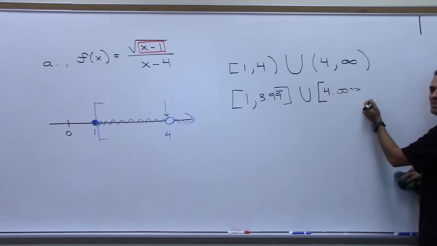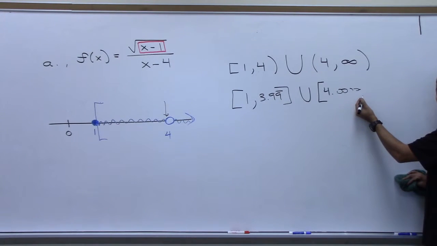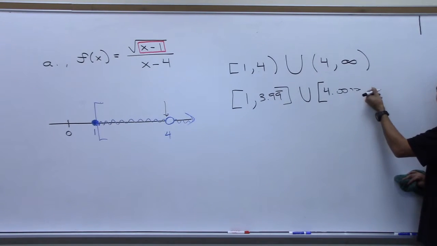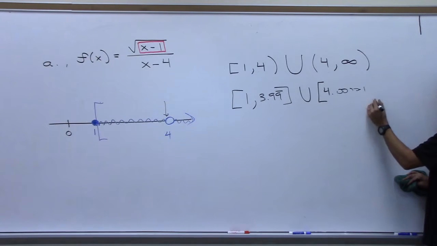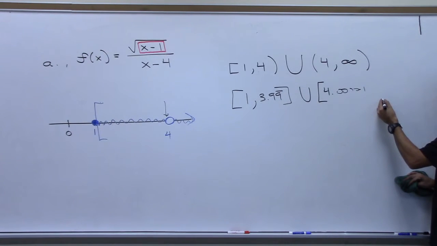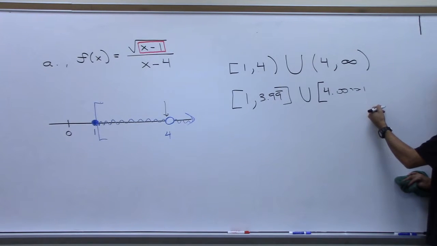Hold on, isn't that just 4? Oh, you mean there's a 1 at the end somewhere? But if you put a 1 at the end, I can find one smaller than that, can I? If you ever stop that, I'm going to be able to find one smaller. Can you do 4.0 repeating 1?